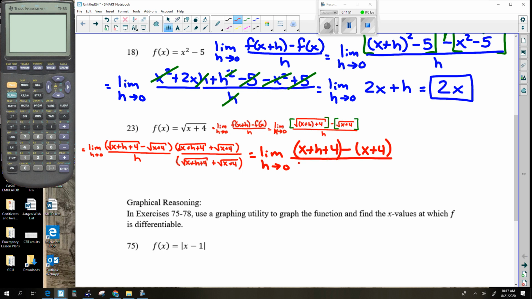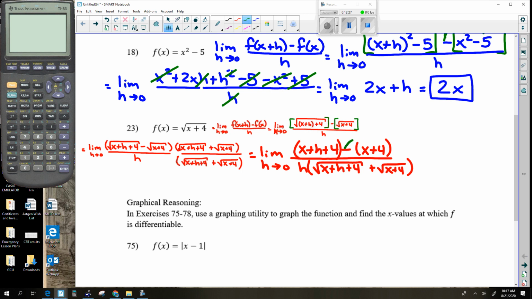So now you create a square root on this bottom, but my mission right now is to somehow get rid of that very specific h right there. That's really what I'm after, because I can't divide by 0 if I take this limit. So I have to use everything in my power to get rid of that h.